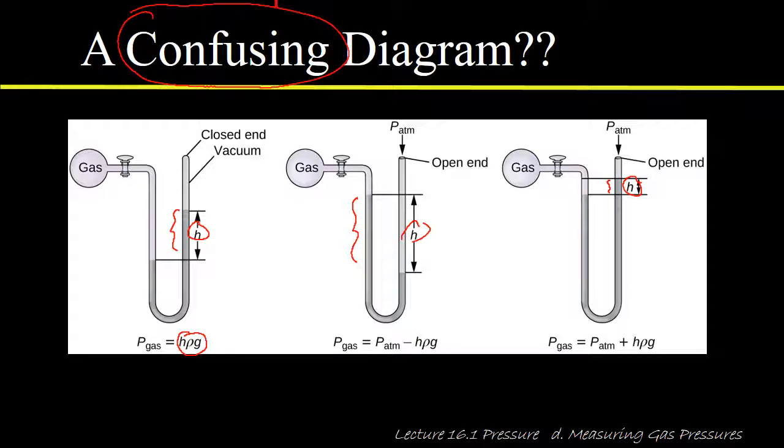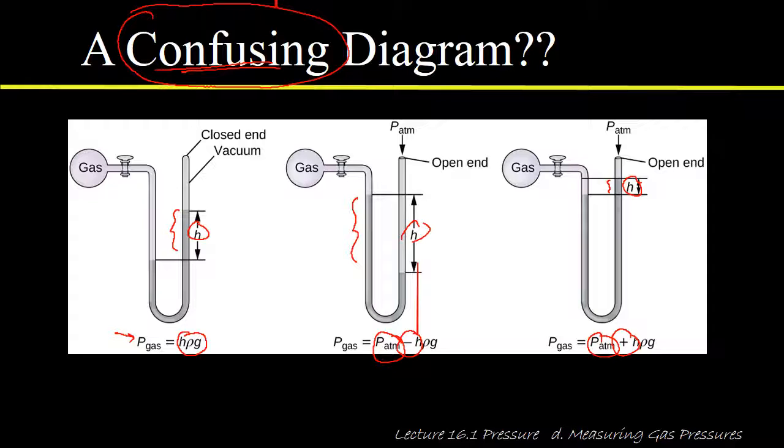Okay. But going back to this, the reason that I think this is a confusing and irritating diagram, and I'm going to show you a way to avoid using this, I don't think you should use this diagram at all, is it's really kind of difficult to remember when you have to use minus H rho g or when you use plus H rho g. And also in two of these equations, you've got atmospheric pressure, and in one of the equations, you don't.